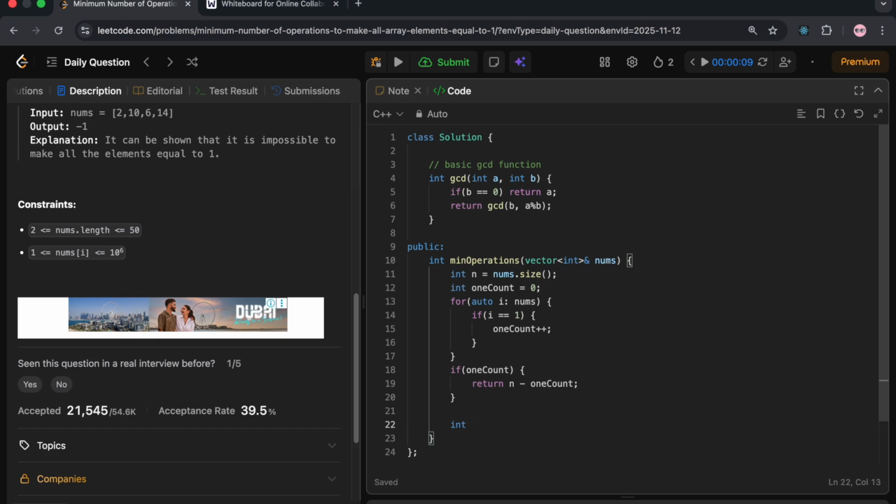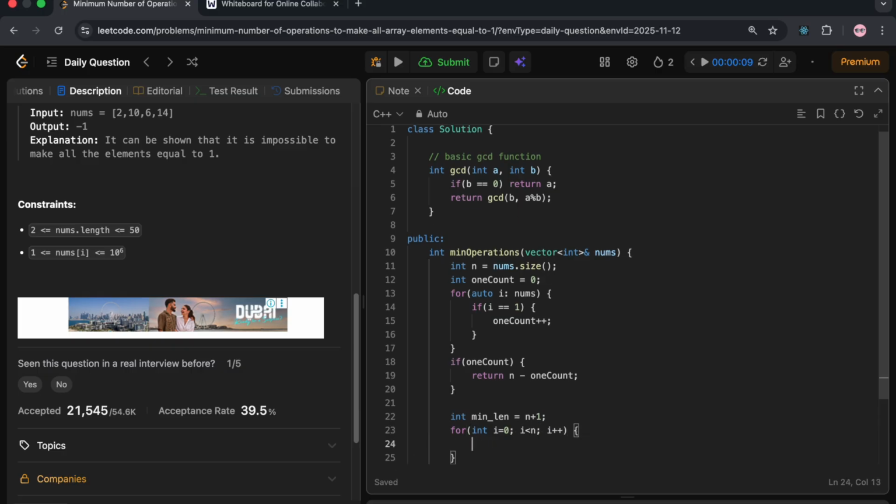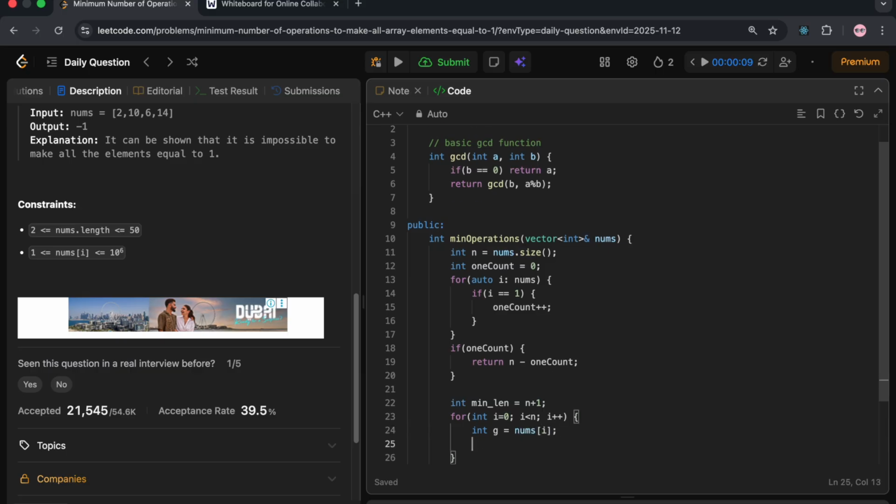So after that we will move forward. Let's say our minimum length will be n plus 1. We have leverage to go through n square. So we will go, let's say GCD will be nums of i, and we will go forward.